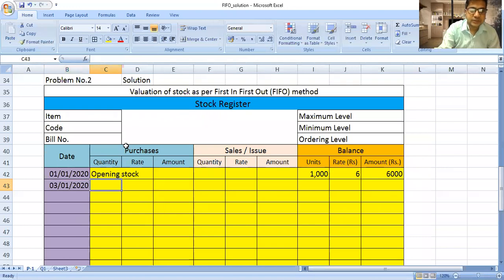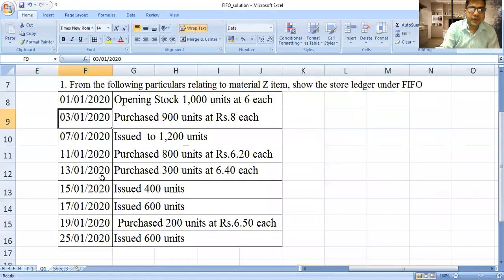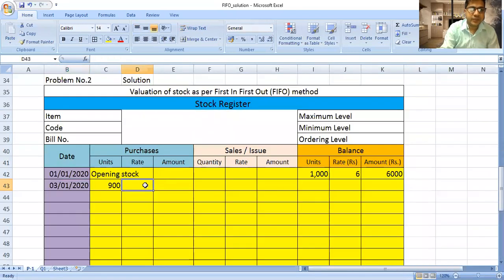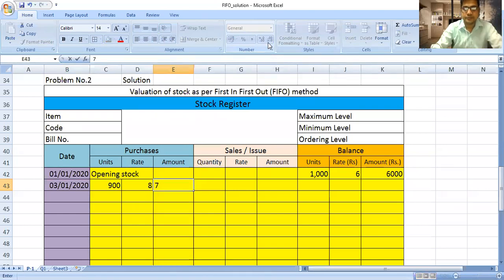In the purchases units column we have to write 900 units. Rate per unit is 8 rupees. Use your calculator and find out the value, 900 into 8: 7,200.